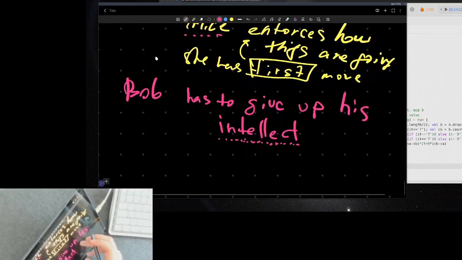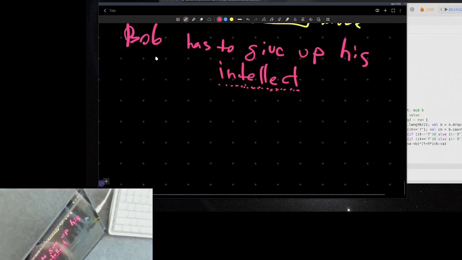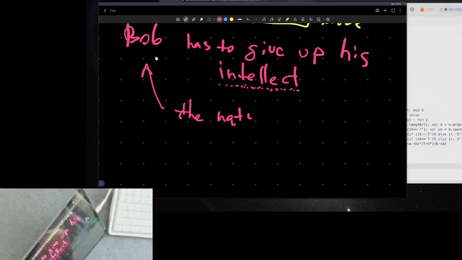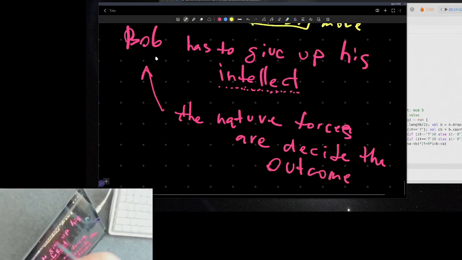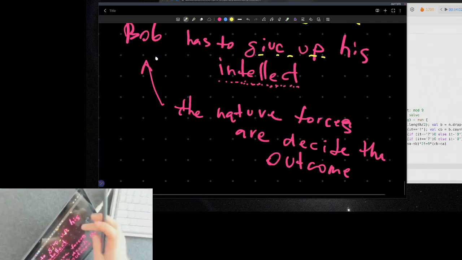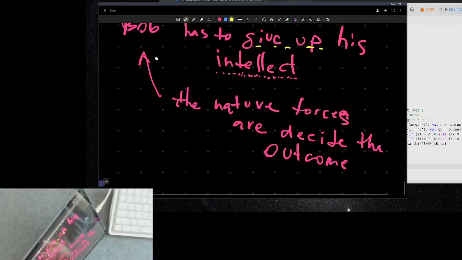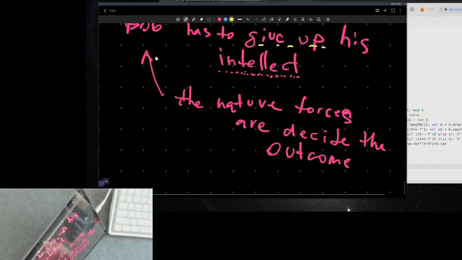But the nature forces decide the outcome for Bob only if he gives up his intellect and applies the mitigation of Alice in the opposite way.